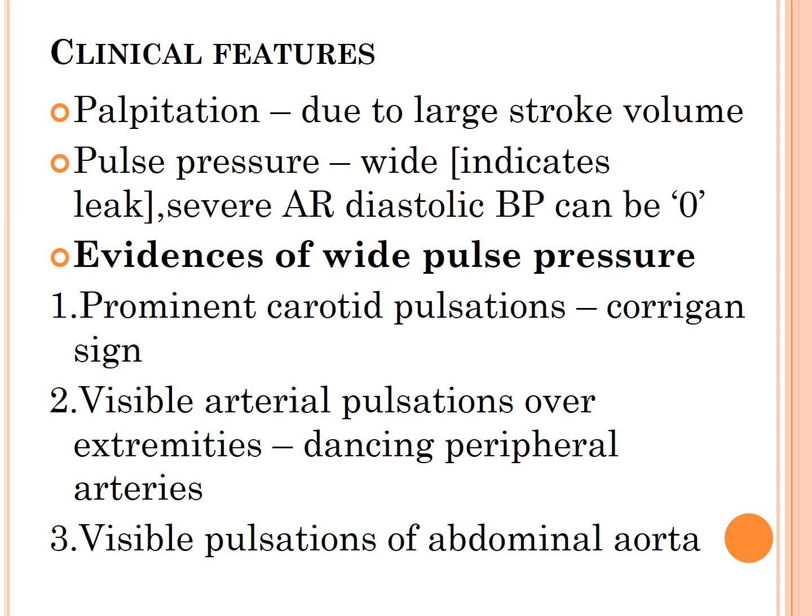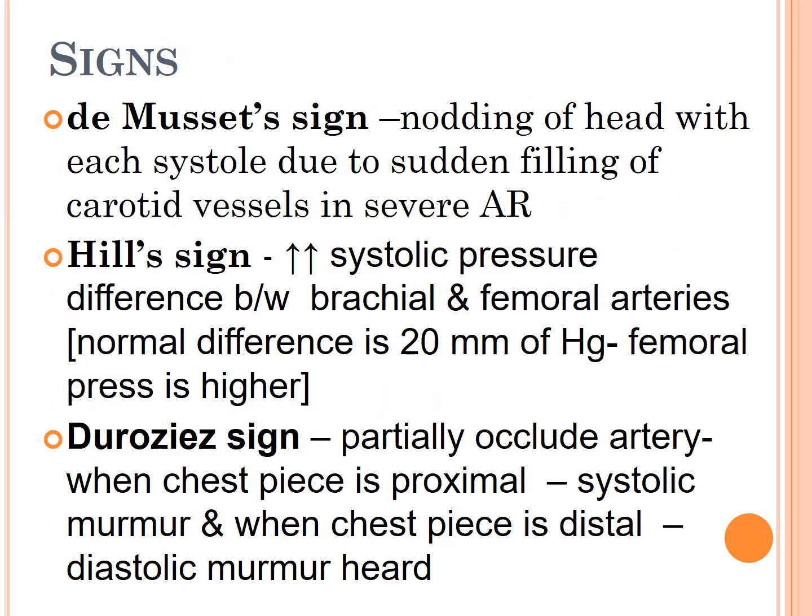Now evidences of wide pulse pressure are seen with some clinical features. Number one is prominent carotid pulsations, known as Corrigan sign. Visible arterial pulsations over the extremities, known as dancing peripheral arteries. Visible pulsations of the abdominal aorta. There are some other signs in aortic regurgitation.